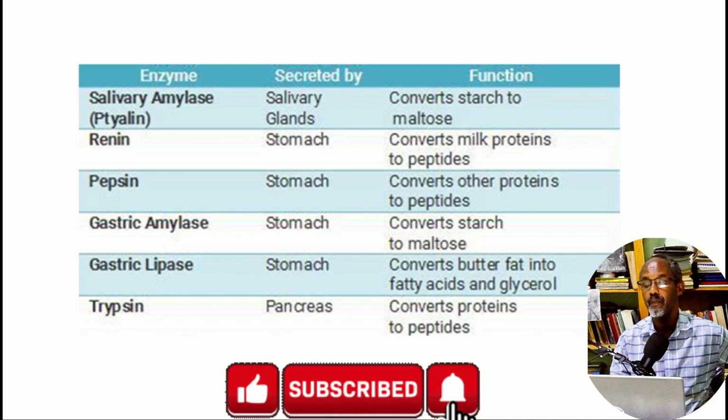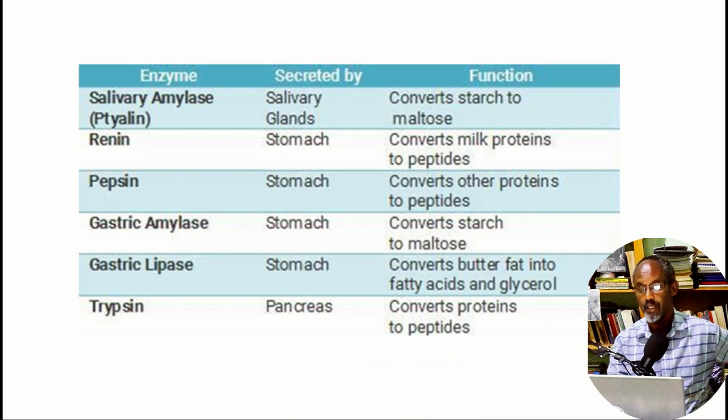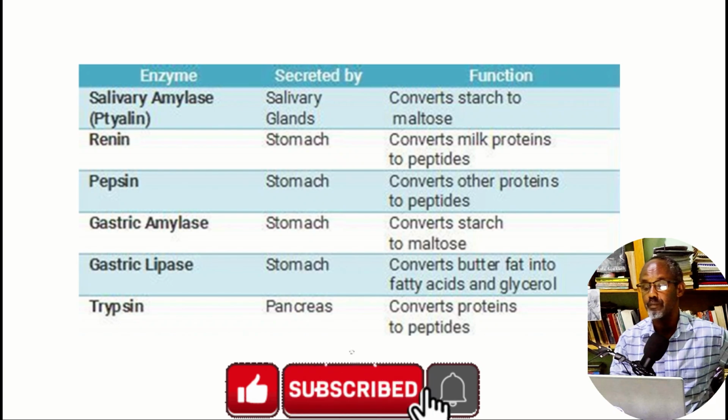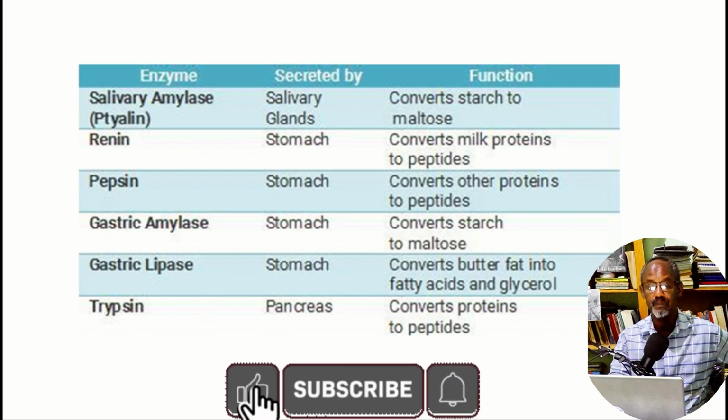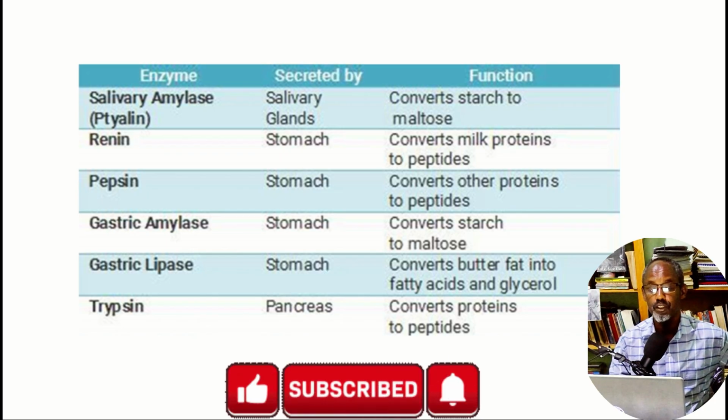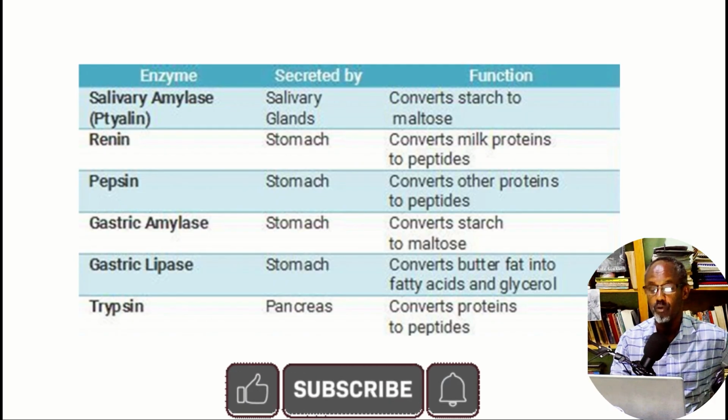Gastric amylase. There is no amylase produced by the stomach, but the amylase that comes from saliva together with food that we swallow. There may be some starch digestion into maltose, but this is not usually mentioned. As far as your book is concerned, gastric amylase is an enzyme produced by gastric gland cells.